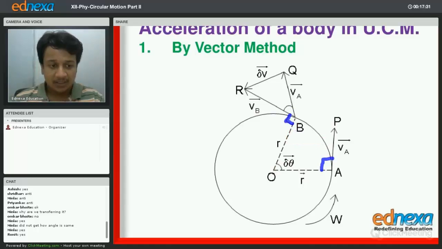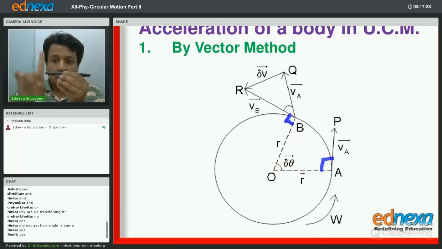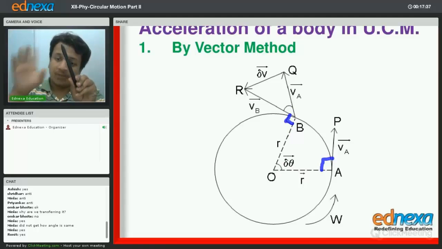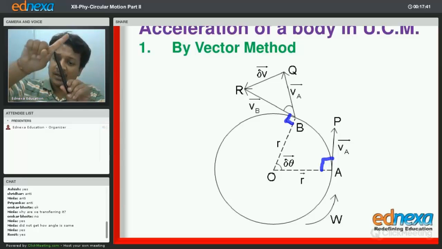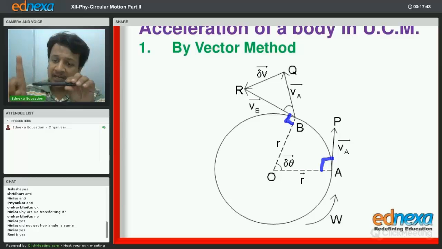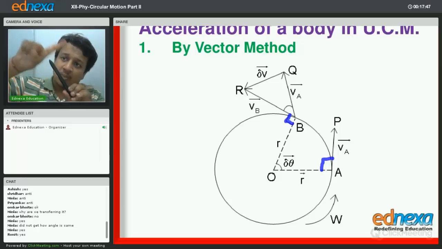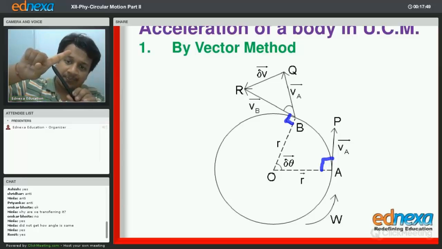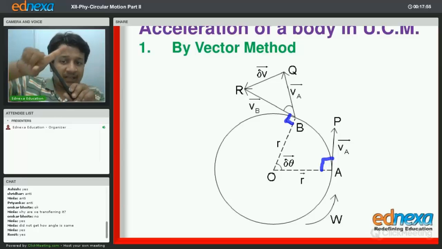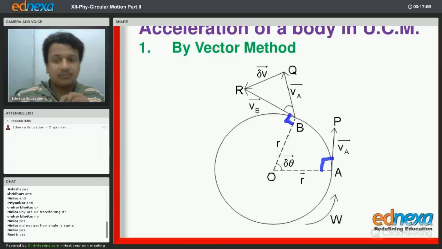Now it's very simple. See, OA is covering angle delta theta and it will reach OB. When OA is displaced with angle delta theta, AP should also get displaced with delta theta to maintain this angle of 90 degree. If it does not get displaced with delta theta, then what will happen?